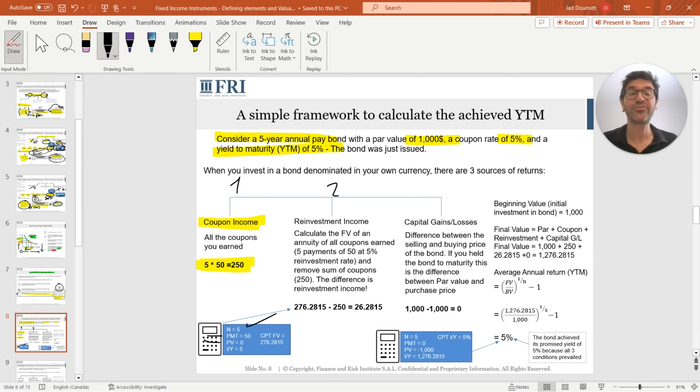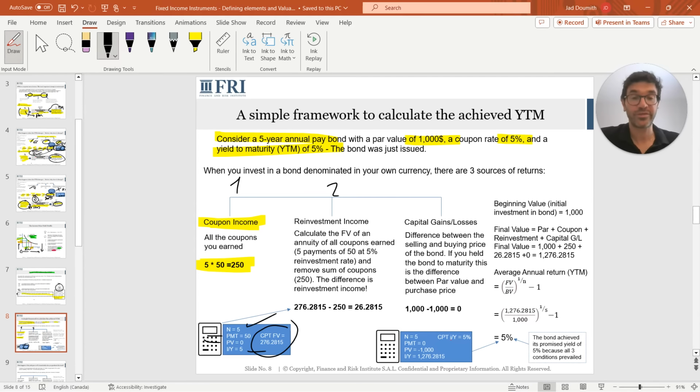So for extra safety, always make sure you clear TVM and you input PV equals 0. So in case you forgot to clear TVM, you're telling the calculator PV is 0. Now what's the interest rate that we are assuming? We are assuming that we are able to earn 5. Now compute future value.